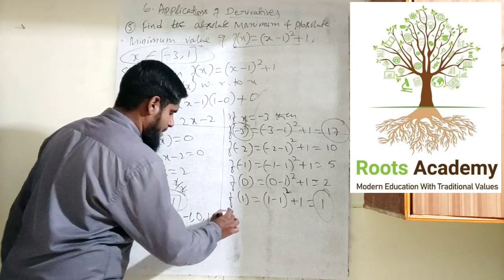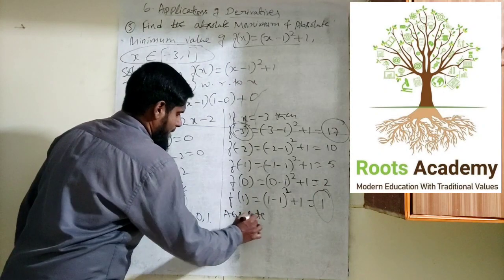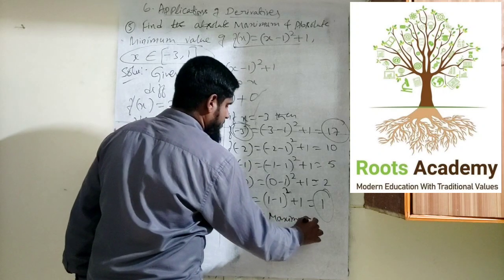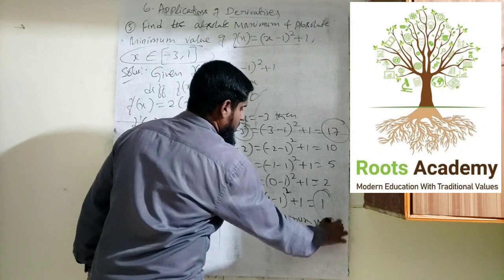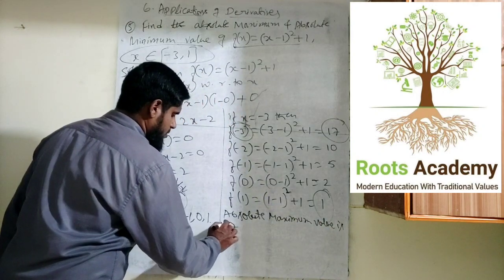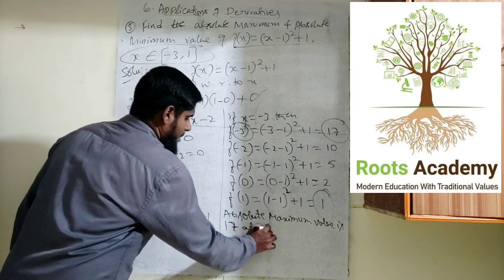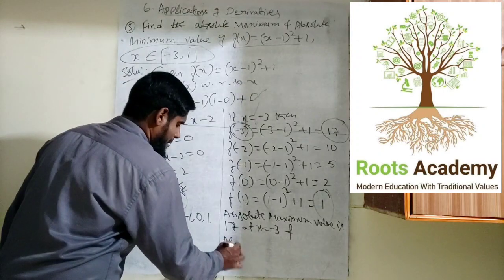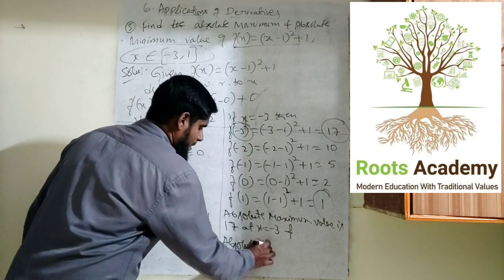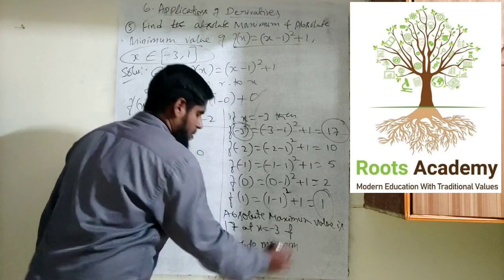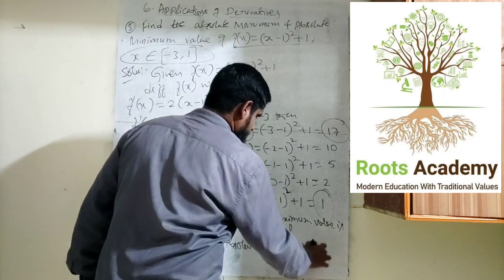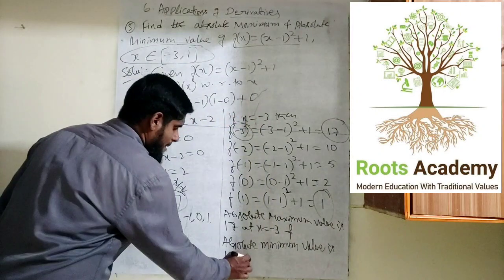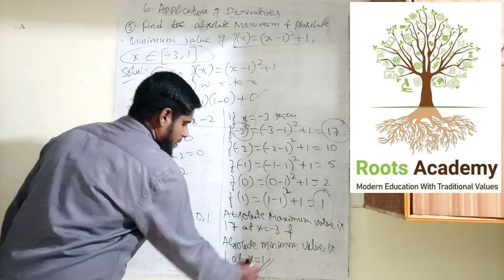So here the absolute maximum value is 17 at x is equal to minus 3, and the absolute minimum value is 1 at x is equals to 1.